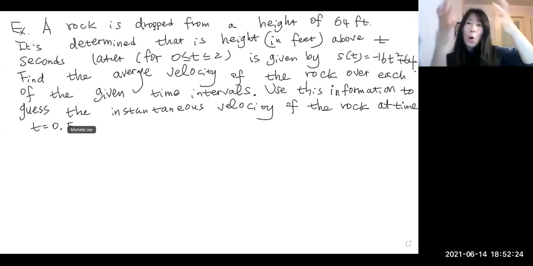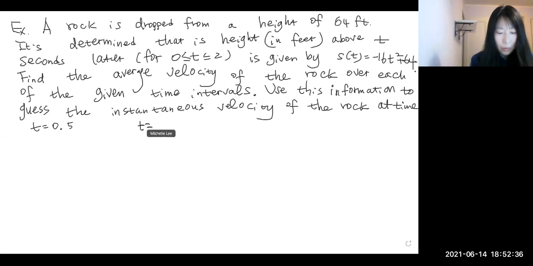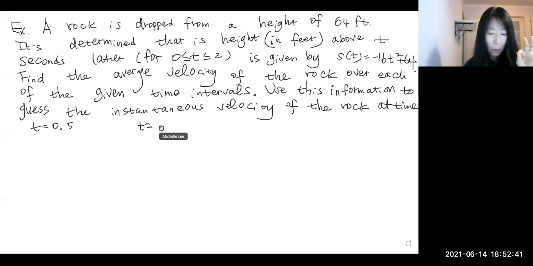So if your homework is like that, without any example, then close to the point we're going to find. So t equal to close to the point for 0.5, which is 0.49.